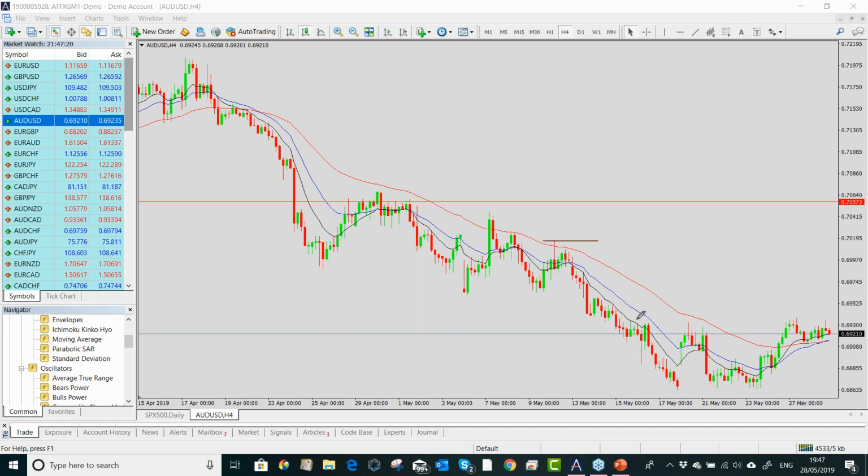Or alternatively, we might just want to trail our stop down, and that's another way of locking profit. What we don't want to do is enter a trade up here and then wait for price to come all the way back up. So yes, good question. We do need to know when to come out of that trade.